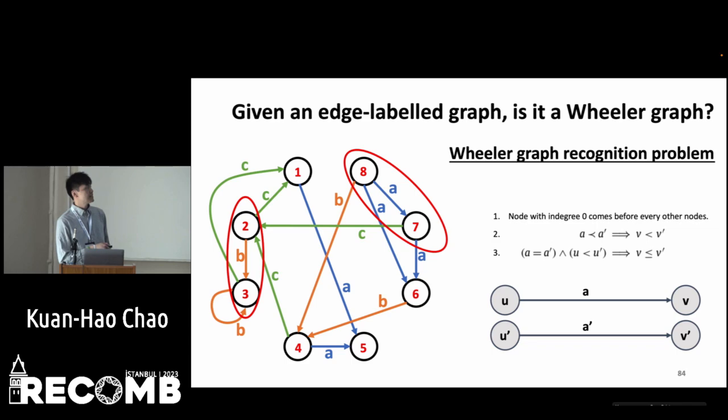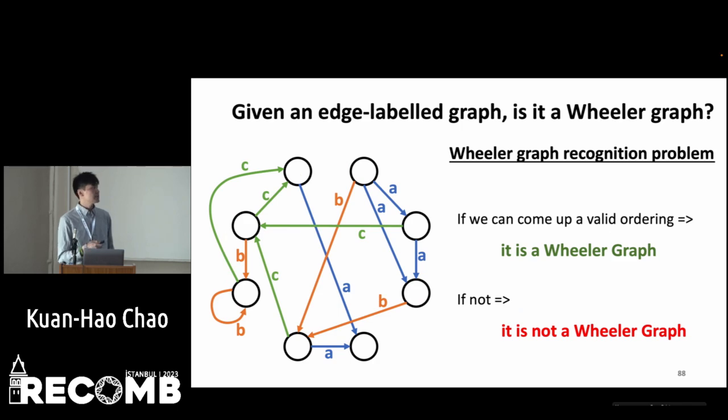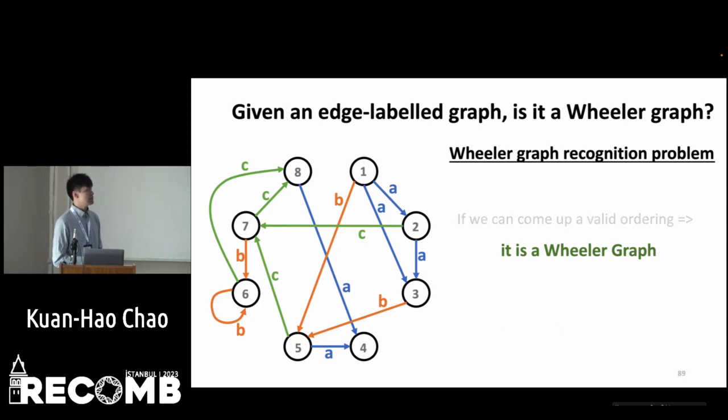So the destination 7 needs to be smaller than 3, which is a conflict. We can simply swap the order of these two nodes and fix this problem, and go to the next iteration to check the next pair of edges. If we can find an ordering, then it is a Wheeler graph. And if we try all the possibilities and we cannot find a proper order that fulfills those three requirements, then this is not a Wheeler graph.